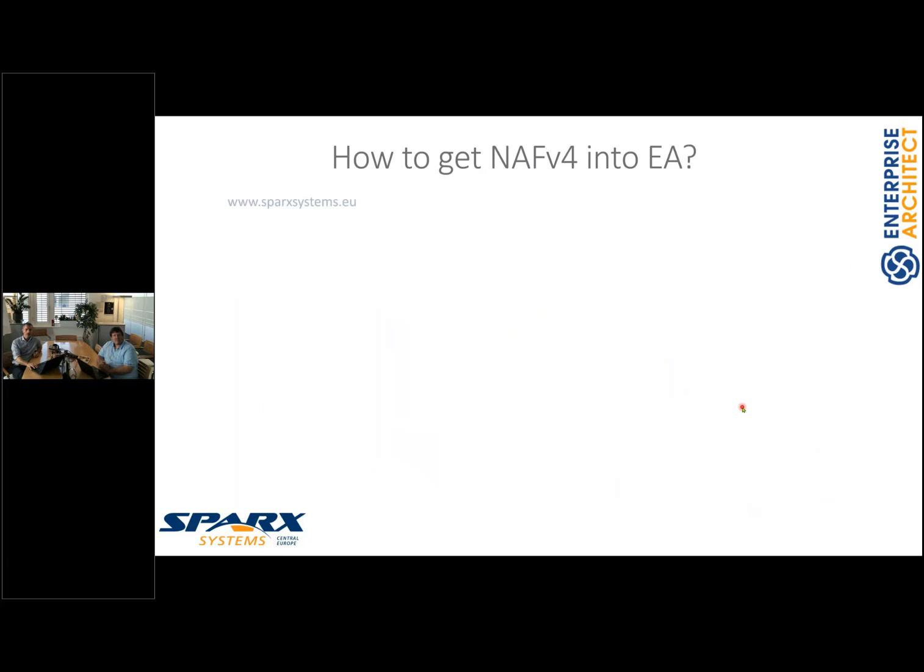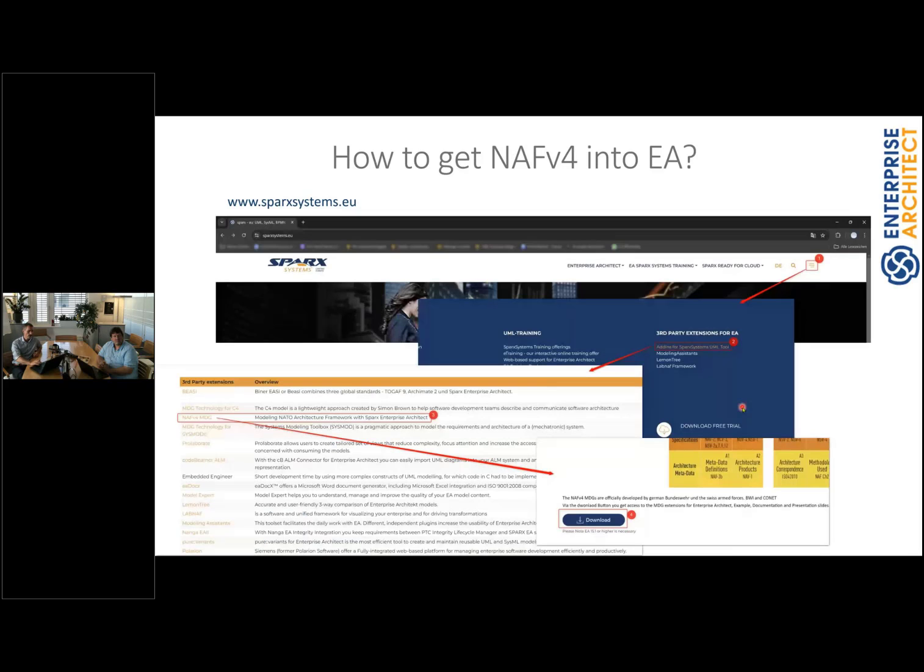But first, where to find the NATO Architecture Framework? You can go to the Sparx page, sparksystems.eu. You can go to the hamburger button, which opens this page. And in this page, you see add-in for Sparx Systems UML tool, which opens this page here. And here you see all the extensions, and the NATO Architecture Framework is an MDG technology extension.